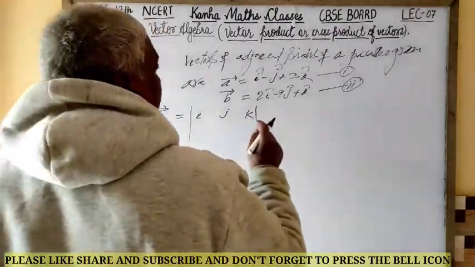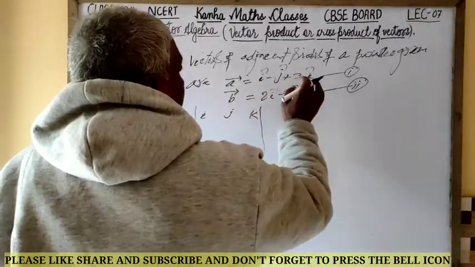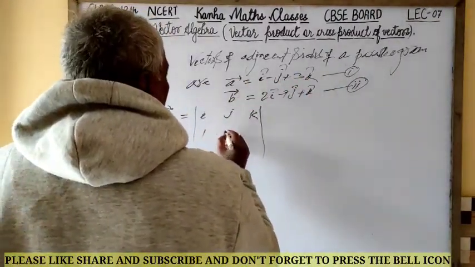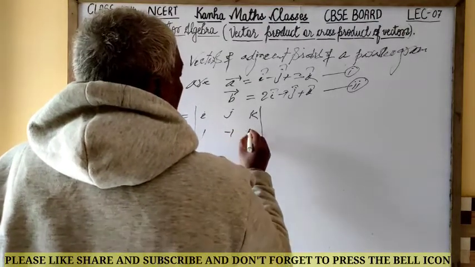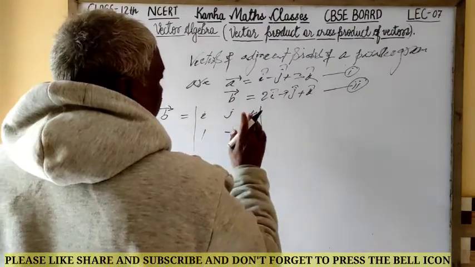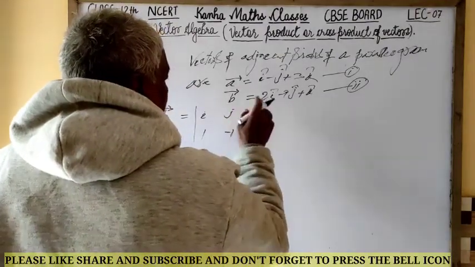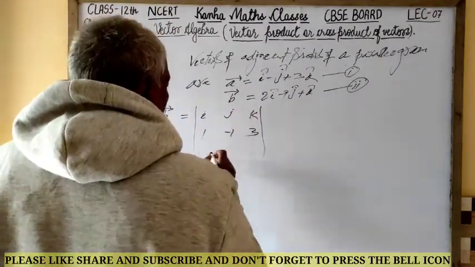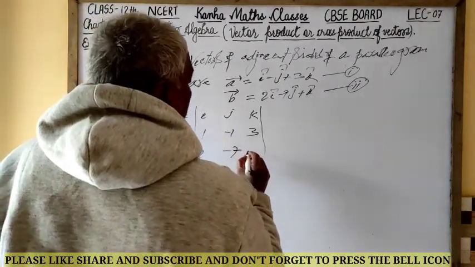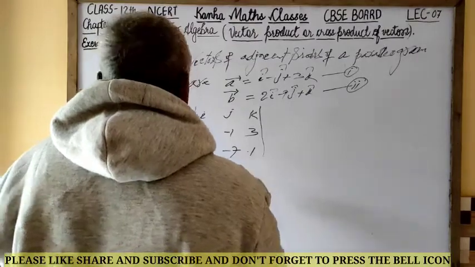The coefficients of i, j, k in vector A are 1, minus 1 and 3, and in vector B are 2, minus 7, 1.